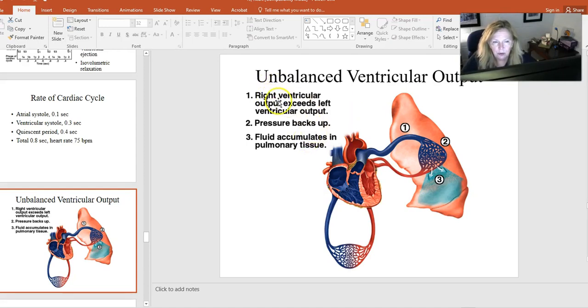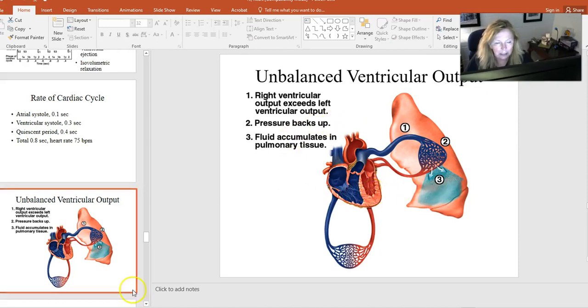When you think about this, if the right output exceeds the left, if there's more blood being sent to the lungs than the left can accommodate, then the blood backs up in these vessels, giving water more time to leak out, and this can lead to pulmonary edema. This can happen when the left side is compromised and the right is putting out more than the left because the left's not functioning the way that it should.